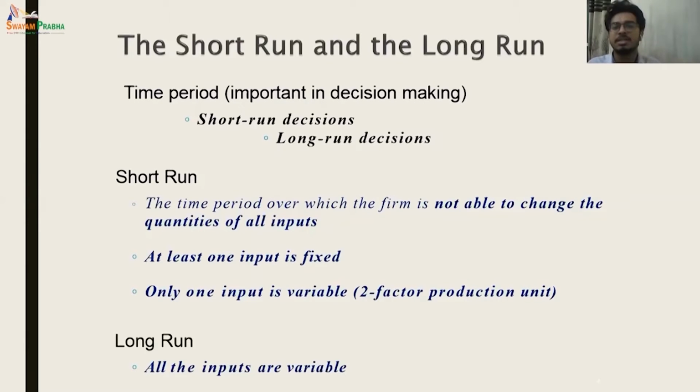Now, a short-run decision is not something which is for 5 minutes or one day. You cannot really state it like that. Similarly, a long-run decision cannot be 100 years or 30 years. You also cannot state it like that. These short-run and long-run decisions depend, firstly, on which product or service you are producing.